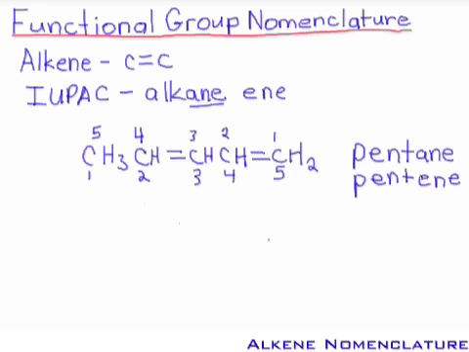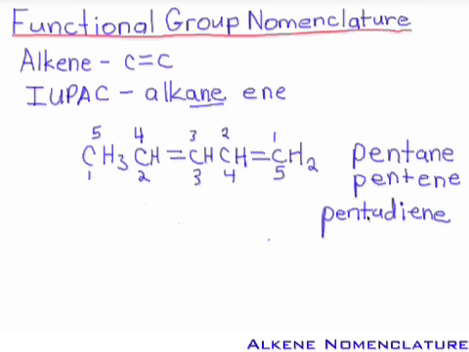For 2, you use di in front of ene. For 3, you use tri. For 4, you use tetra. But what's interesting is you add an a in front after the pent. So you actually get pentadiene, pentatriene, well, you get the idea.